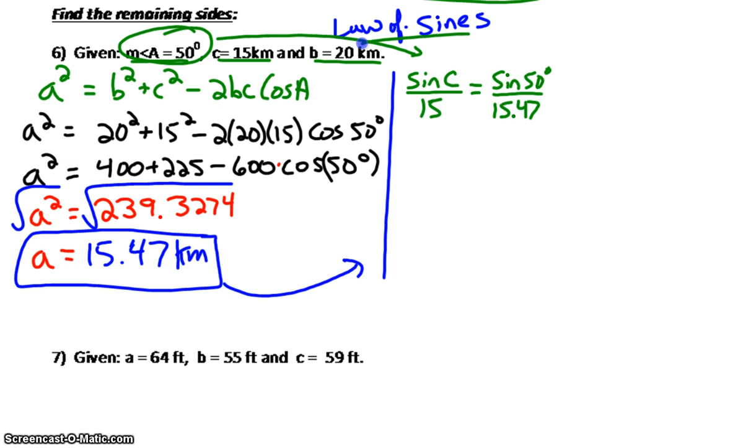Now, as I worked on this problem, I will cross multiply, giving me sine C of 15 times sine of 50 degrees divided by 15.47.